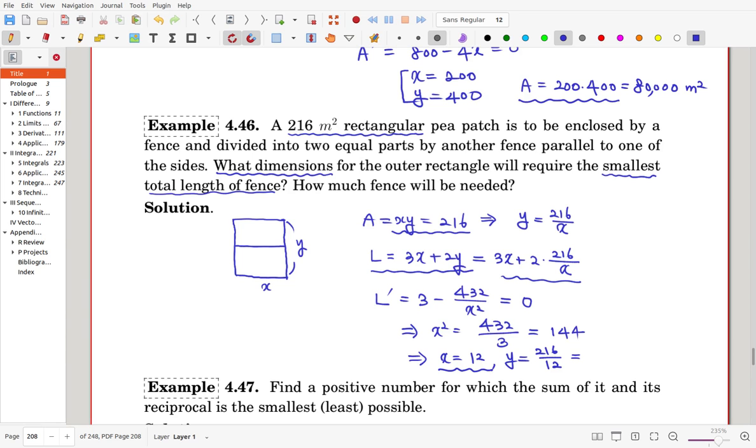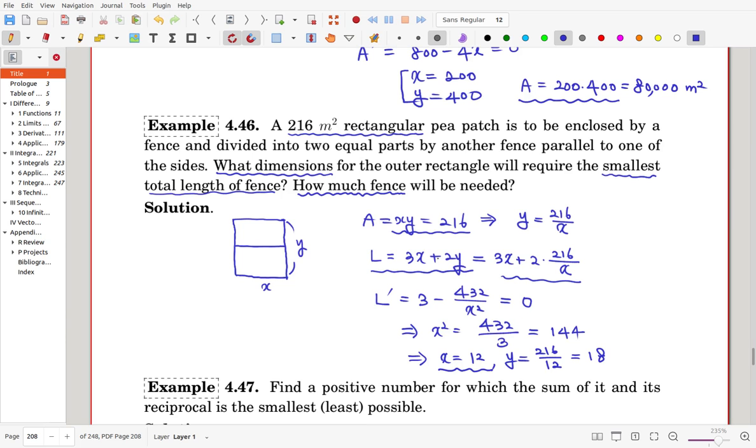216 divided by 12 is 18. Okay, so we found that the dimensions are 12 and 18. Now, there's the dimension and how much fence will be needed. So another quantity we have to find is the amount of the fence.